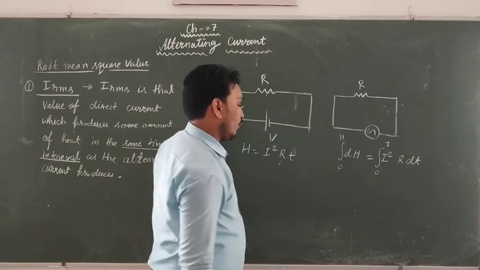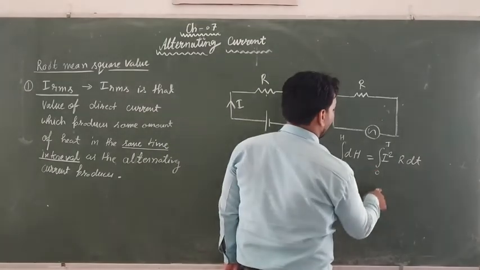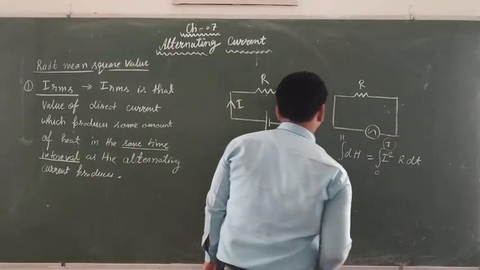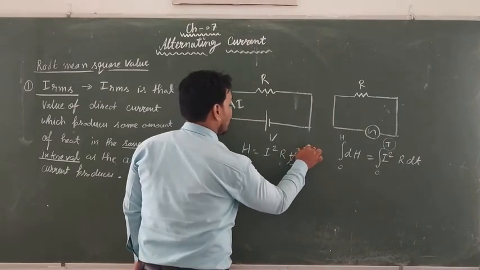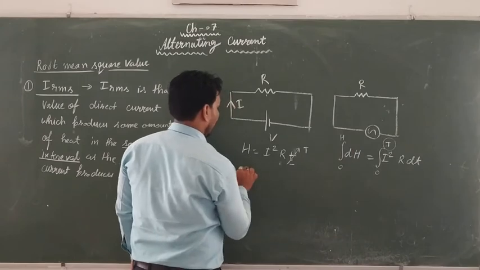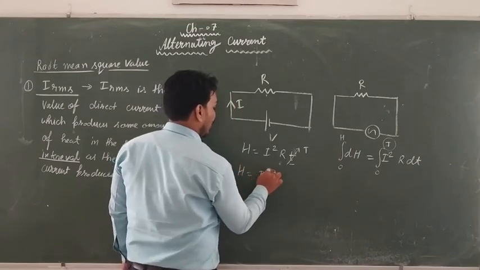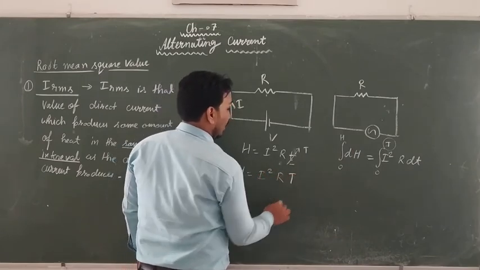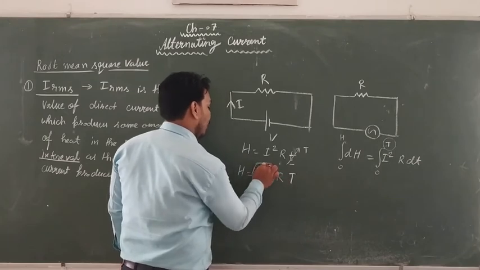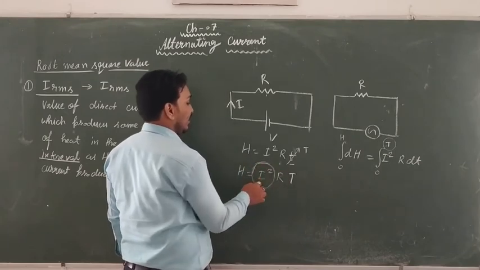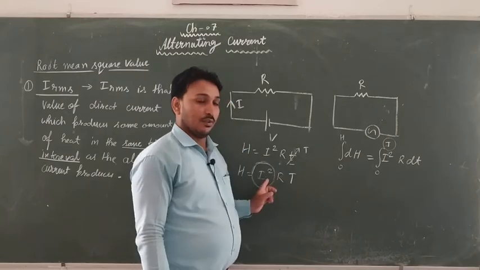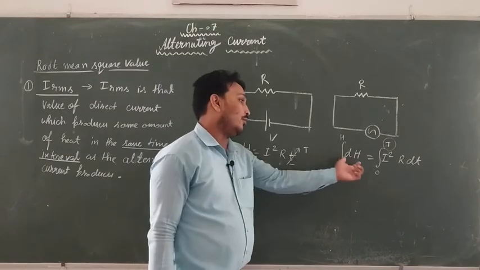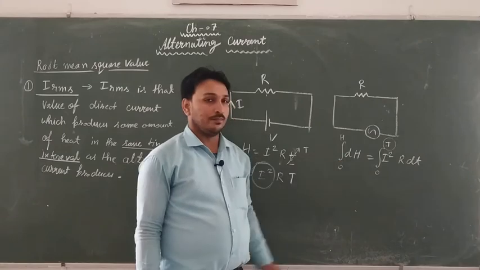So what are we going to have from here? The total heat produced in T time interval. If T is capital T, the same time interval, we are going to have I square into RT. So this I, which is direct current, is called the RMS value because the same heat is being produced in these two.